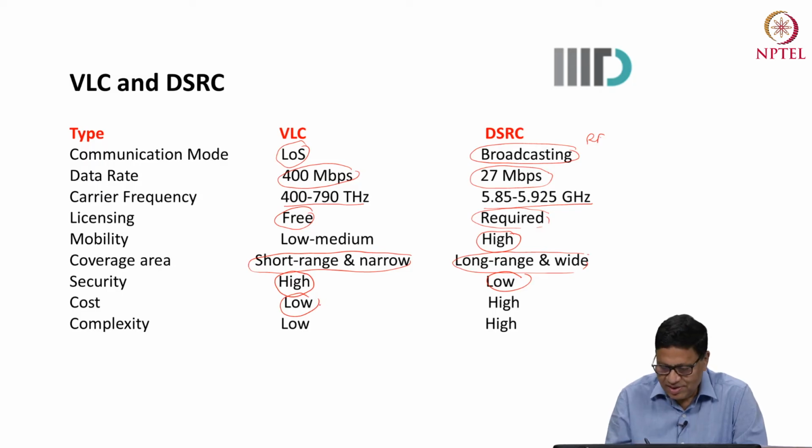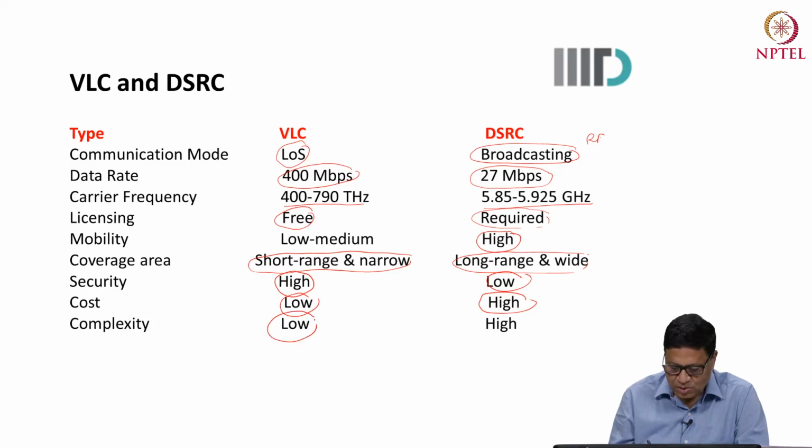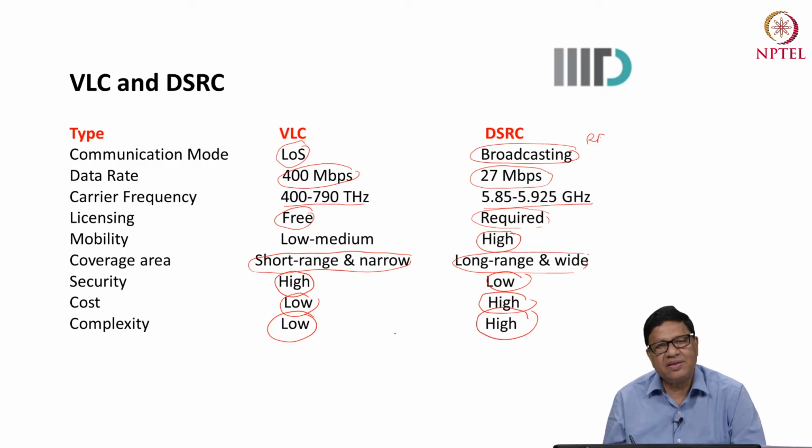So the cost relatively is low, whereas DSRC is very, very high because you have to put DSRC transmitters and receivers at regular intervals along the road. Complexity is low because designing a transmitter or a receiver for visible light communication is not very complex, whereas the complexity of designing a DSRC transmitter and receiver is quite high.